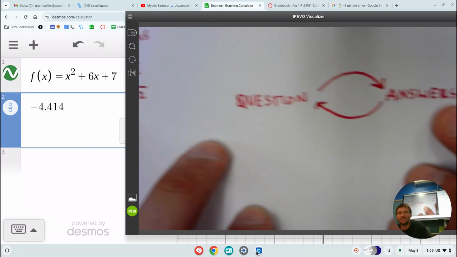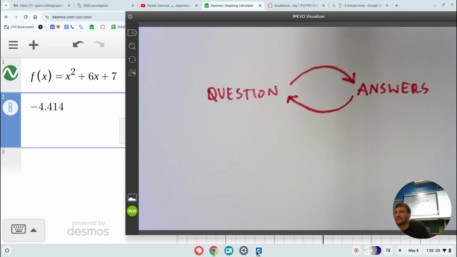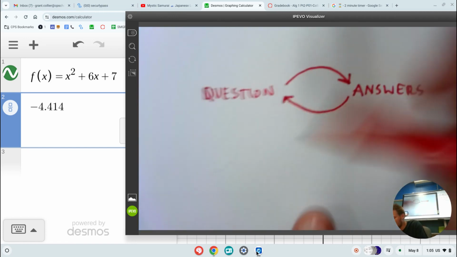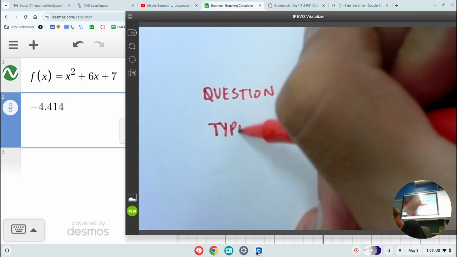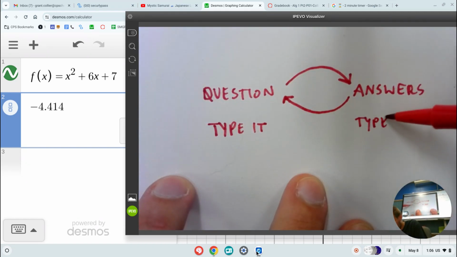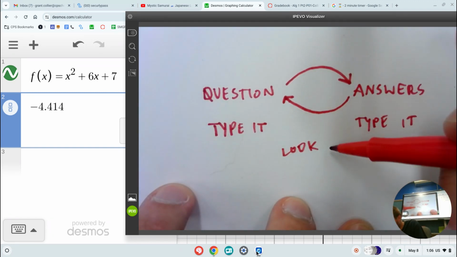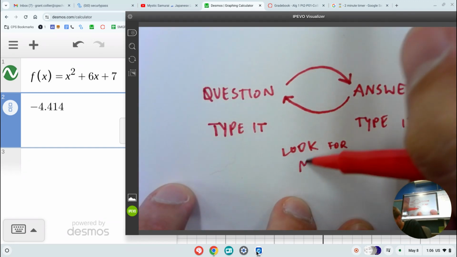A real strategy for the SOL test, if you ever get stuck, is: type the question, type the answers, and look for a match.